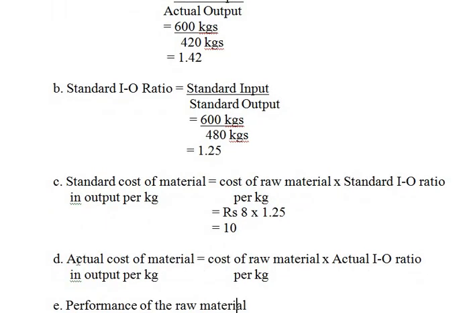Okay, now actual cost of material in output per kg. Now how we have calculated it for standard, same thing we need to calculate for actual also. Again, the cost of raw material per kg is rupees 8 into actual IO ratio. Actual IO ratio is 1.42, right?